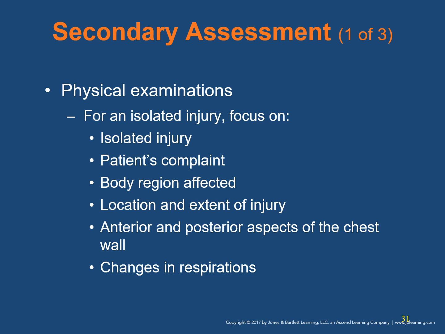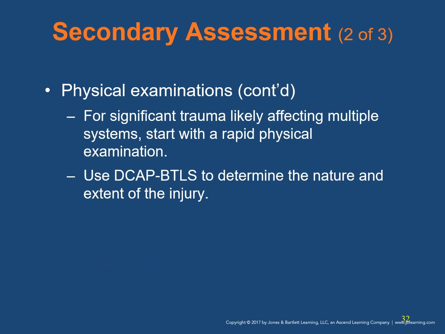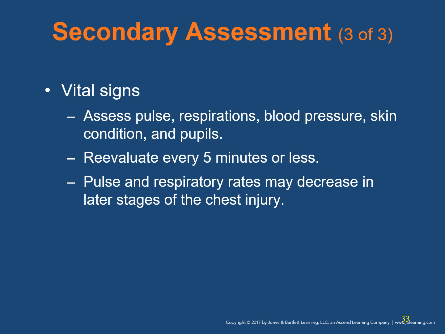Assess location and extent of injury, all underlying symptoms, anterior and posterior aspects of the chest wall, and changes in the patient's ability to maintain adequate respirations. For significant trauma likely affecting multiple systems, start with a rapid physical examination. Use DCAP-BTLS to determine the nature and extent of the thoracic injury.